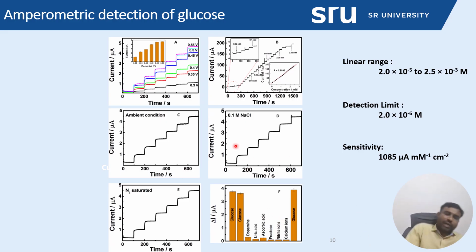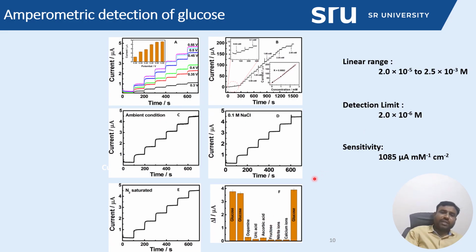So hence, when adding glucose only, the copper sulfide modified electrode delivers a high oxidation peak current. Similarly, when injecting the electrolyte solution under stirring condition and checking the amperometric signal at the optimized condition, we can observe only a mild change in the oxidation peak current for dopamine addition, uric acid addition, ascorbic acid addition, fructose, nitrate, and calcium ion.